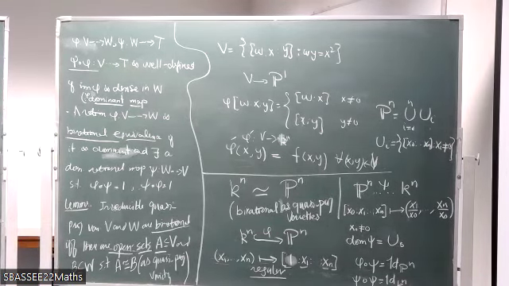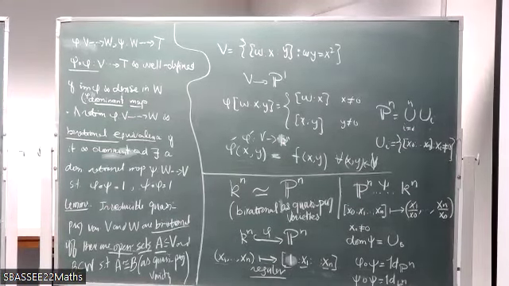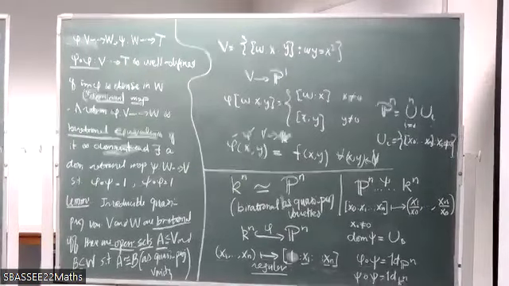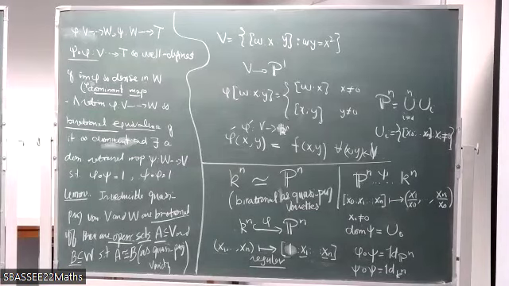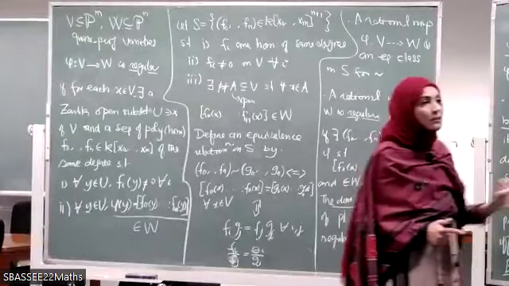But if they are coming from the regular parts, I mean, your function is regular and the inverse map is also regular, then they are isomorphic. But if they are working with the rational map, then you can't say they are isomorphic, you will say birational equivalent.